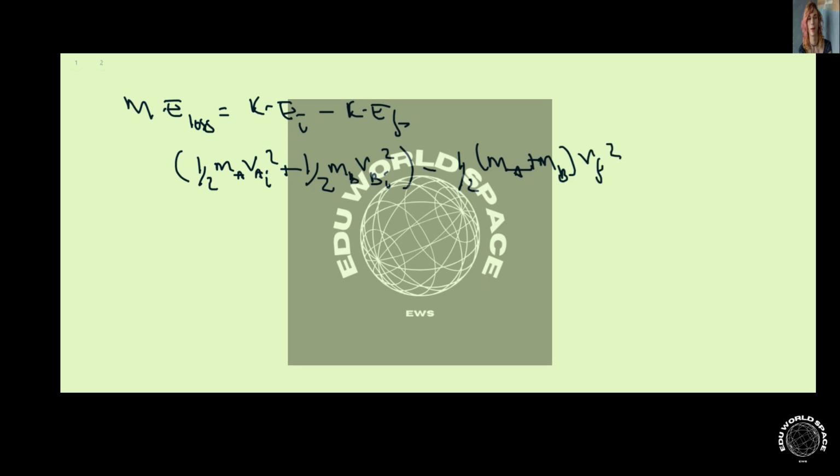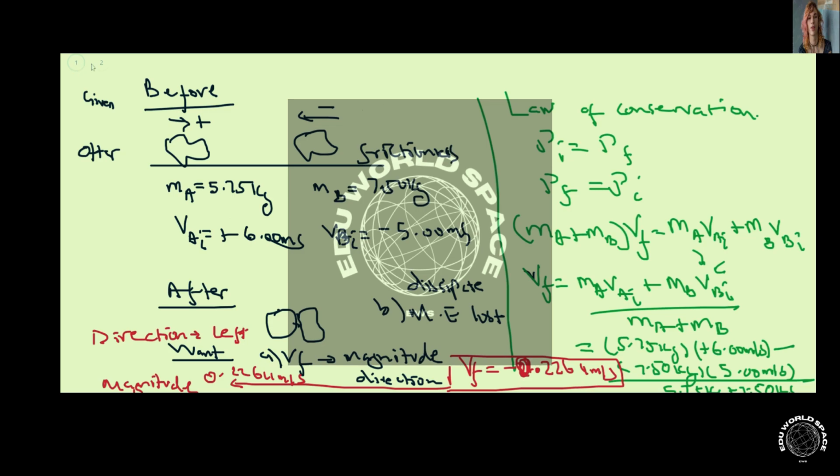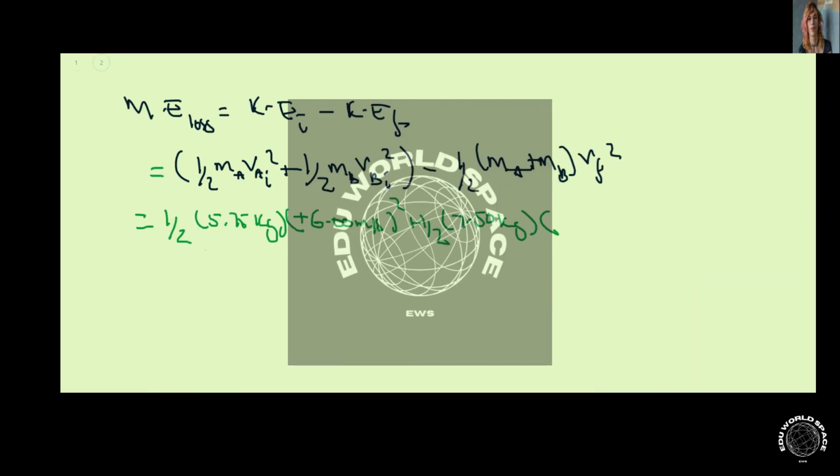When you plug in the numbers, 1/2 times the mass of A, which is 5.75 kilograms, times the initial velocity of A, 6 meters per second, squared, plus 1/2 times the mass of B, 7.50 kilograms, times the initial velocity of B, negative 5.00 meters per second, squared.